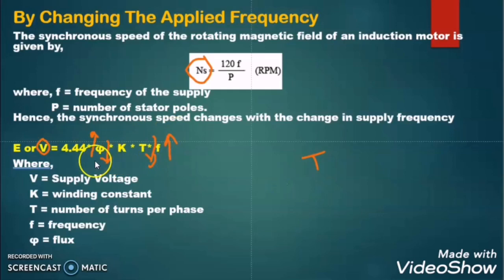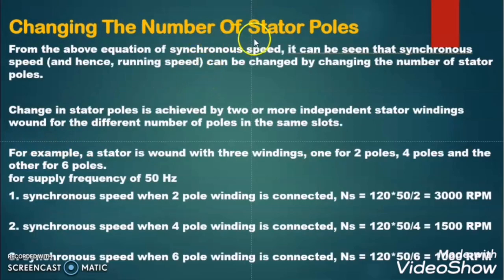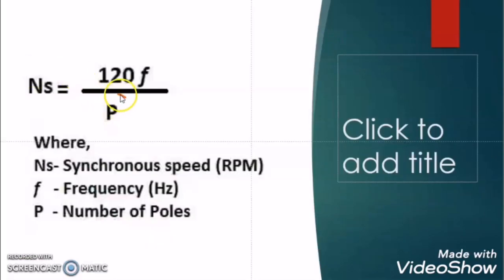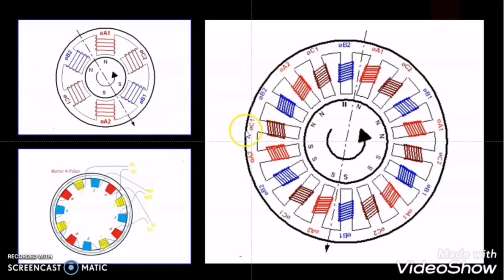So because of these two consequences, it is not a good idea to control the speed of the motor by changing the frequency. Lastly, we discussed the stator poles. As we see from this formula, by changing the poles of the motor, we can control the synchronous speed of the motor. But when we make more and more poles in the stator winding, it makes the motor winding very complicated.